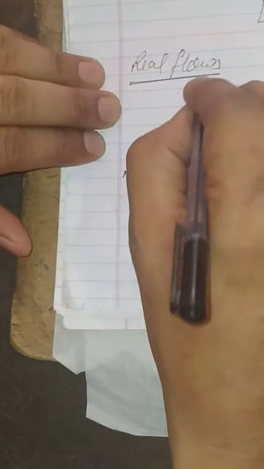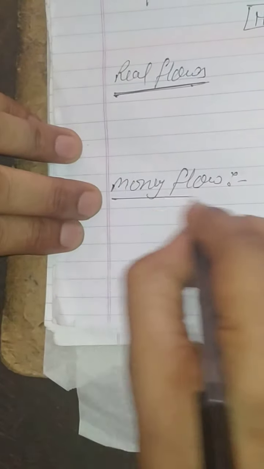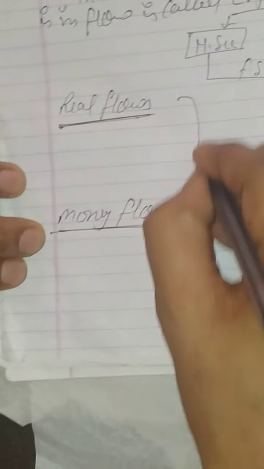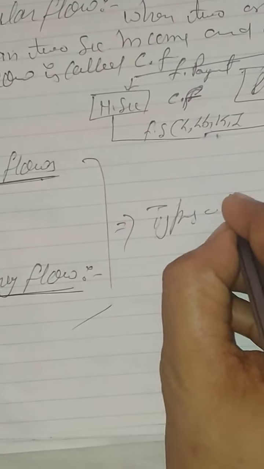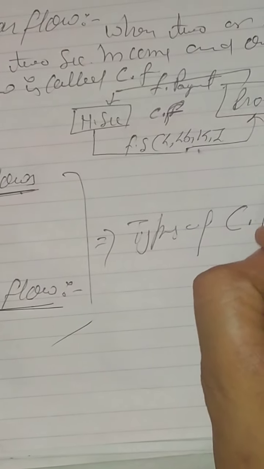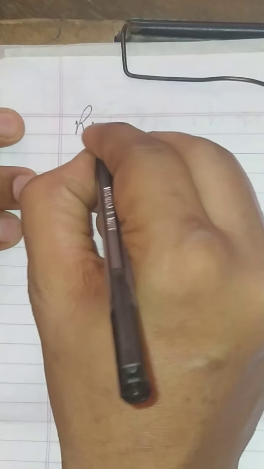We have two types of circular flow, real flow and monetary flow. So dear all, we are discussing real flow.